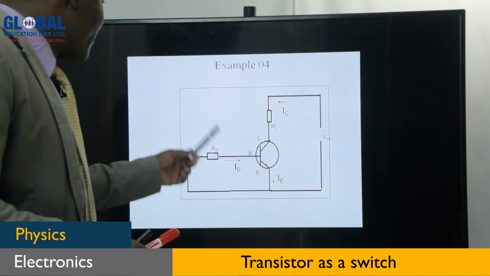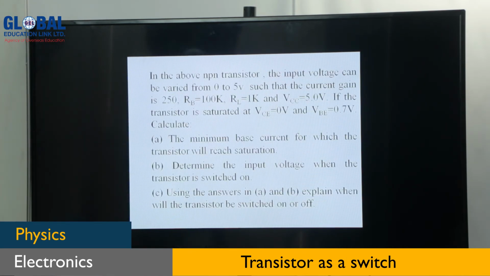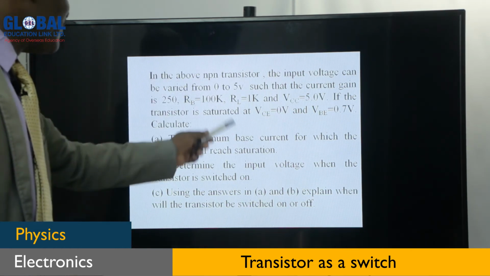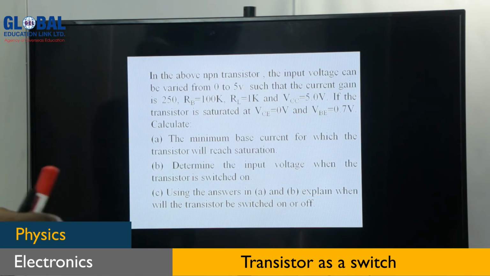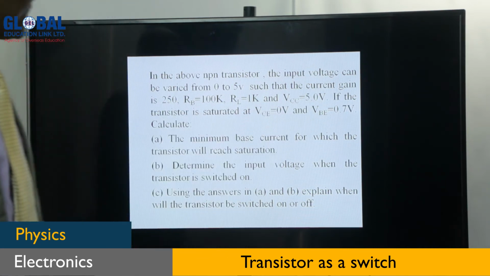Now, from the information given in the circuit, in the above NPN transistor that we have seen, the input voltage can be varied from 0 to 5. The input changes from 0 to 5. That 5 is the supply voltage.